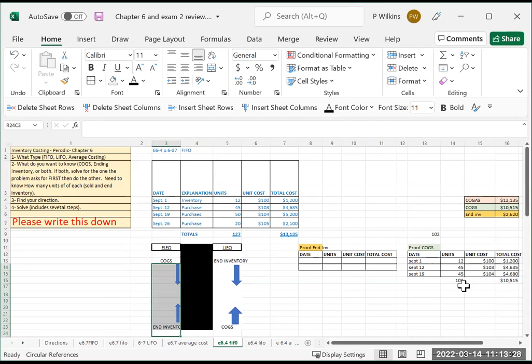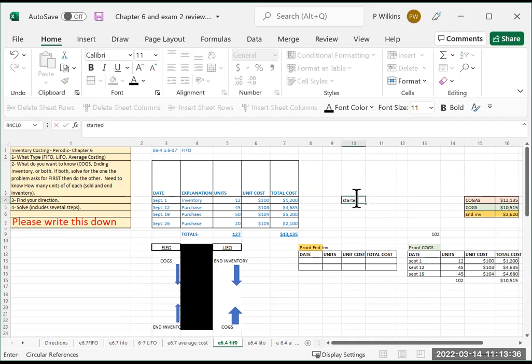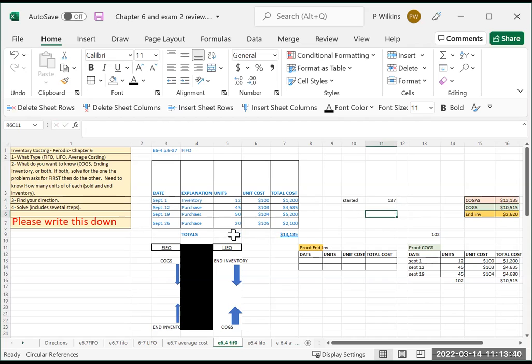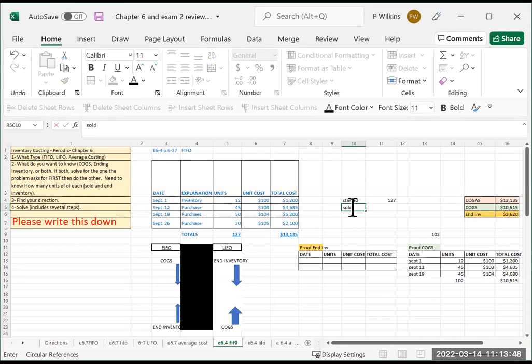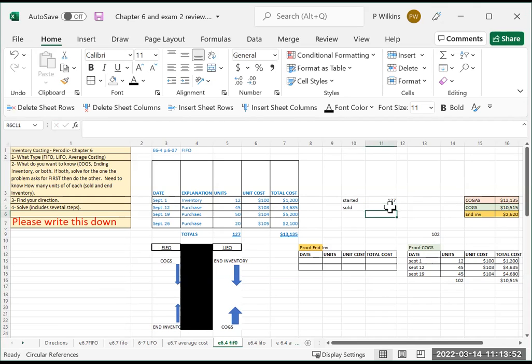Well, they don't tell us what the number of units in ending inventory are, but we have all the information we need to figure that out. So we started with 127 units. The number of units available was 127. We know that because they show it here in the problem. We know that we sold 102 because the problem told us that we sold 102, right?